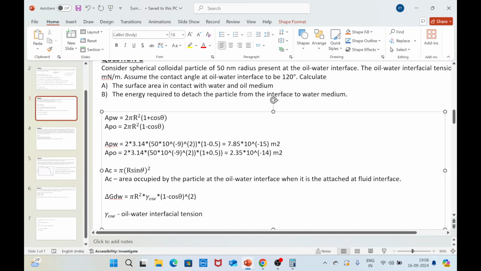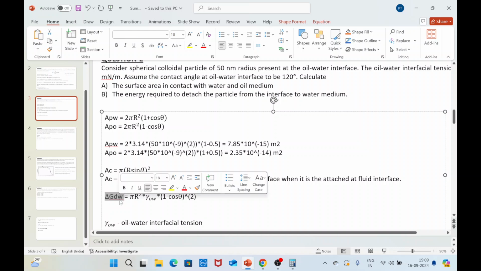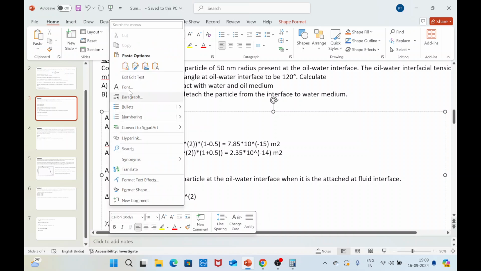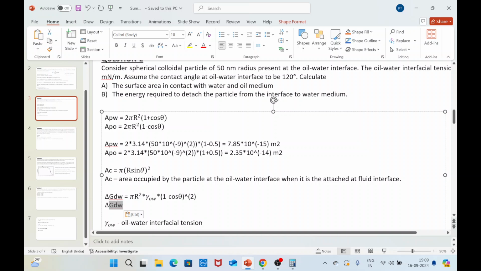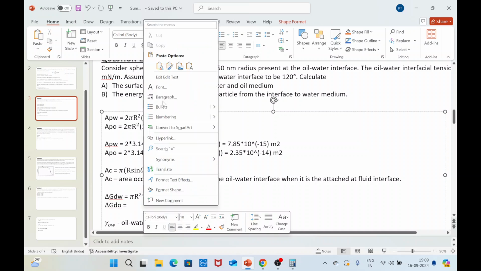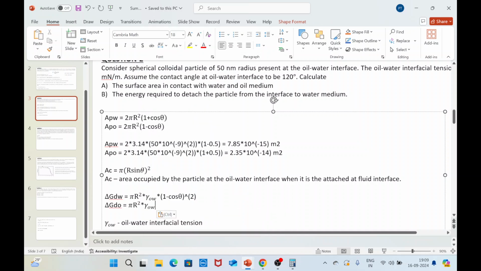Similarly, if you want to detach your particle at the fluid interface, and then bring it to the oil medium, then that will be given as delta G dO, which is nothing but again pi r square times gamma OW, the oil water interfacial tension, times 1 plus cos theta, the whole square.